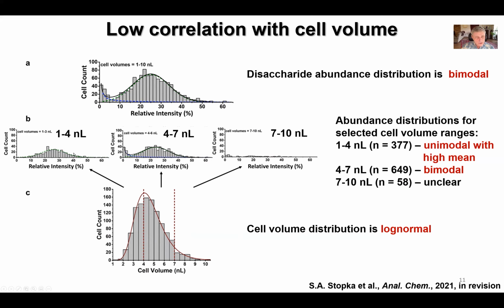So the small volume cells exhibited the unimodal distribution. Medium volume cells had both modes, whereas for high volume cells, the situation was unclear because we didn't really have enough statistics. Only 58 cells fell into this category.